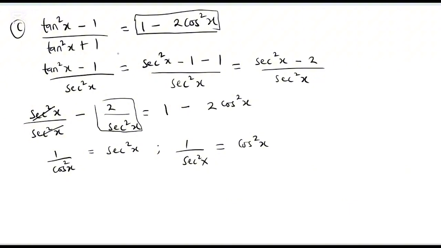I hope you understand. So this sec squared x cancels out sec squared x here, so we have 1 minus 2 over sec squared x, which is the same thing as 1 minus 2 cos squared x. So the identity is correct for this C.